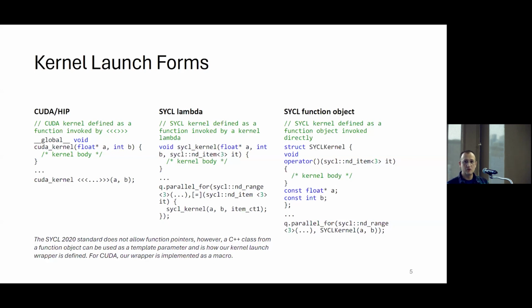So without the use of function pointers, being able to have a kernel launcher that could take an arbitrary function and launch it became more difficult. But in C++, we can have templates that take a class as a template parameter, and indeed that's what we ended up using as the wrapper mechanism for launching kernels.